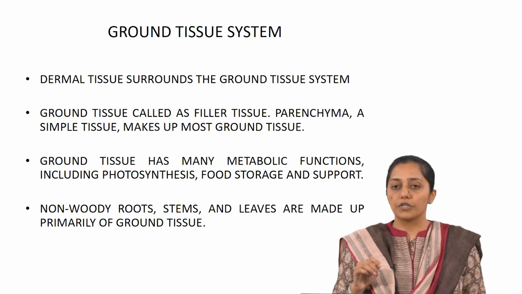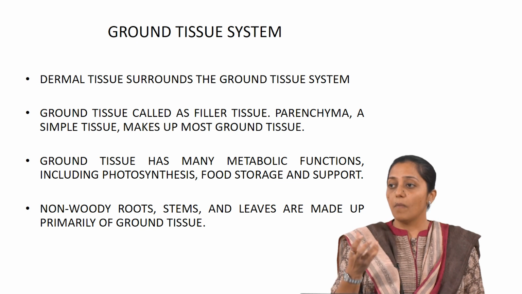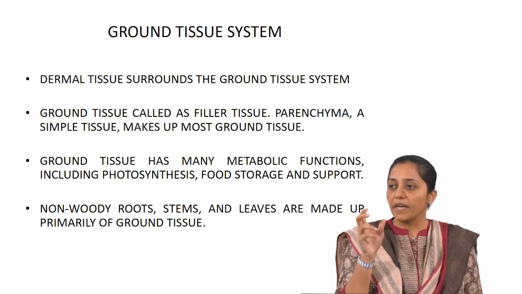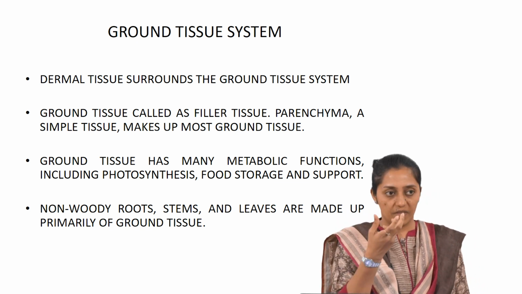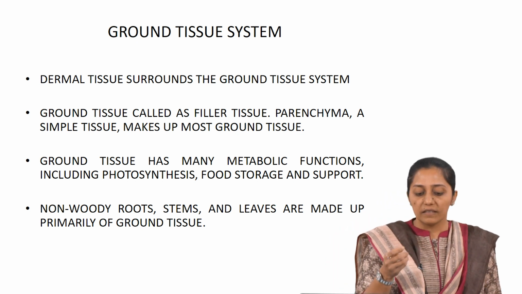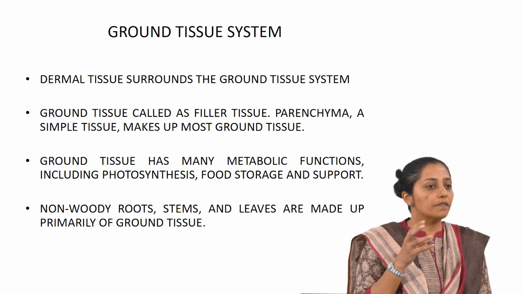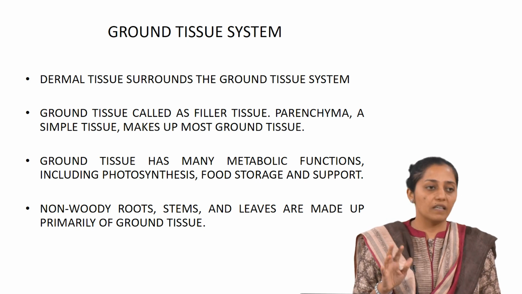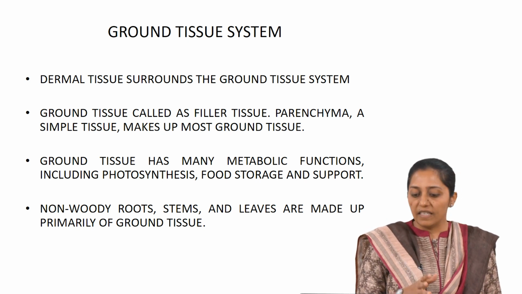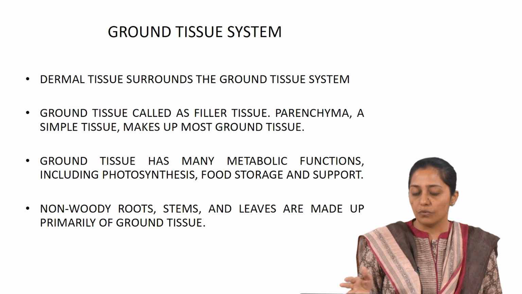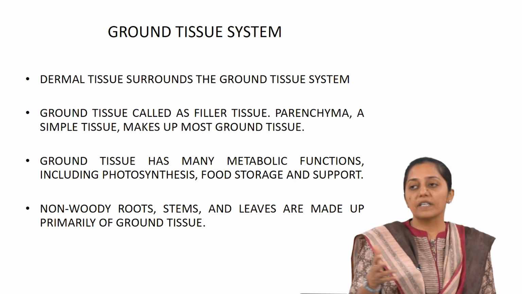Talking about ground tissue, it is the mass of the plant. It forms the major flesh of the plant, in the stem, the thickness. The majority of the cells in the ground tissue are parenchyma cells, and these cells make up the ground tissue. They carry out many different kinds of functions.